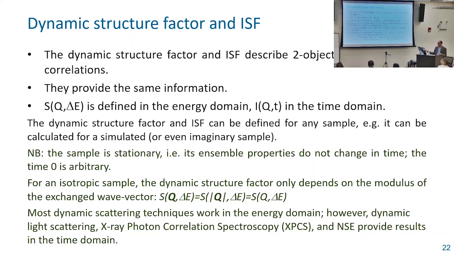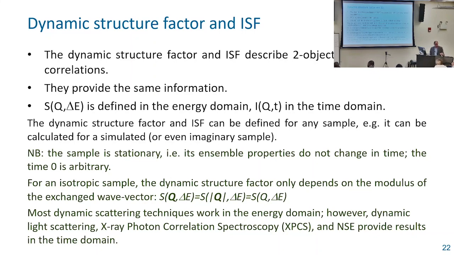This is basically a summary. The dynamic structure factor describes correlation between two atoms, two scatterers, at two different times. The ISF, intermediate scattering function, and S(Q, omega), the dynamic structure factor, contain the same information. Remember, the ISF and the dynamic structure factor are properties inherent to the system. You can write them down for a system, you can calculate them from molecular dynamics simulation, and then you can measure them with neutrons.